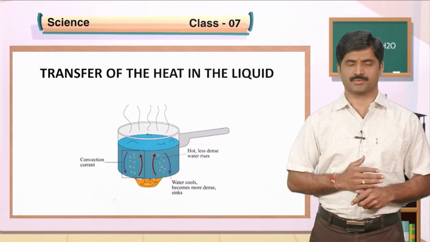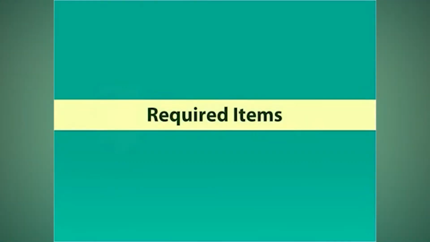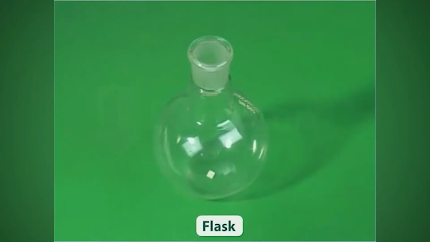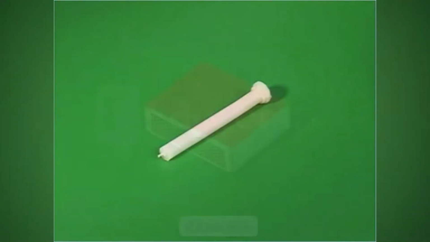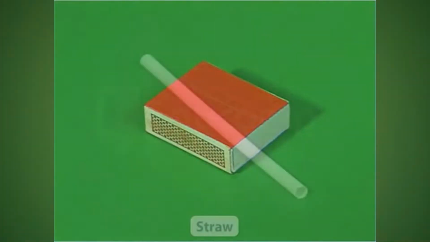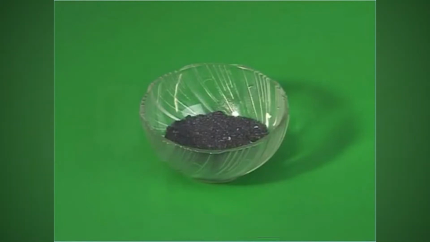For this, let us watch a video. Let us perform an activity to demonstrate the transfer of heat in liquids and gases. The items required for this activity are a round bottom flask, tripod stand, candle, matchbox, straw, potassium permanganate crystals and water.